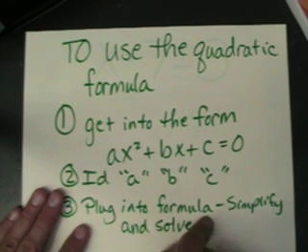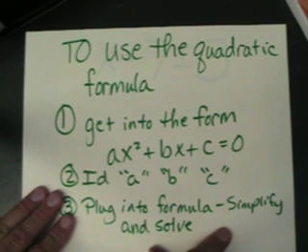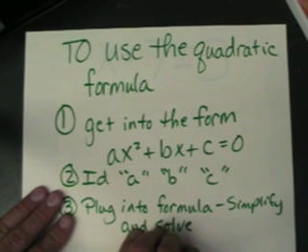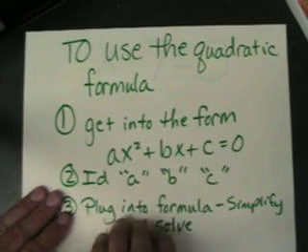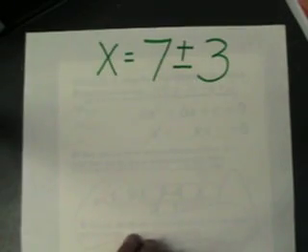And then we want to plug it into the formula, simplify, and solve. This is probably the hard part. After you get these first two down, this is usually the hardest part because there's a lot of order of operations that you have to remember. We'll go over a sheet that I hope helps you with that during this review.